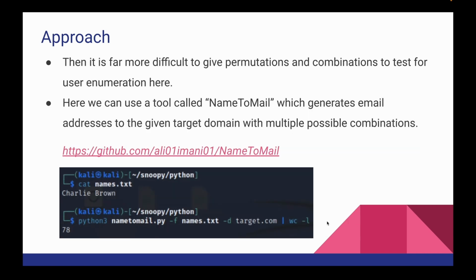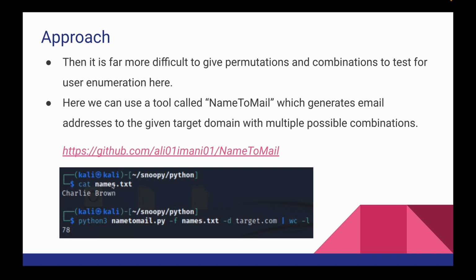It is far more difficult to manually try permutations and combinations to test for user enumeration here. So we can use a tool called NametoMail, which generates email addresses for the given target domain with multiple possible combinations. This is the tool being used.